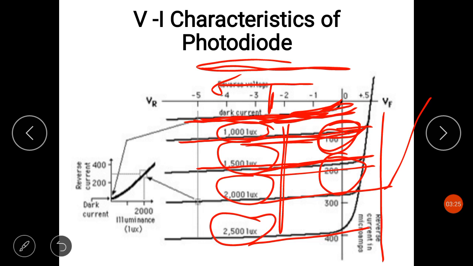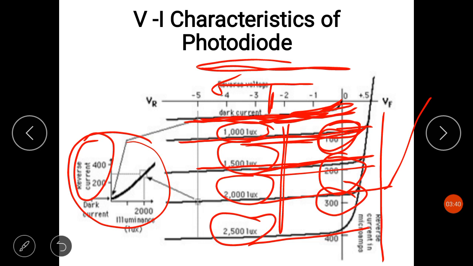And at illumination of 2000 lux, the reverse current is 300 microamperes, and so on, which shows that the reverse current is increasing linearly with the luminous intensity. So this is the graph showing the reverse current with respect to illuminance. As we keep on increasing the illumination, the reverse current increases linearly. So this was about the VI characteristics of photodiode.